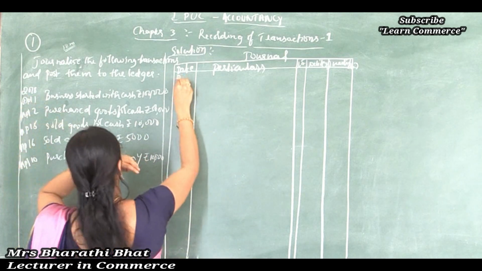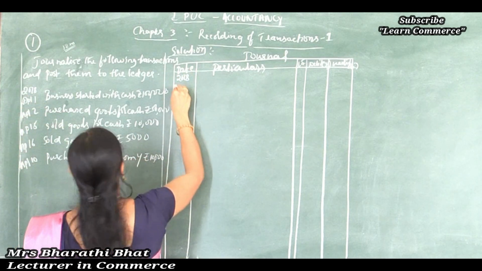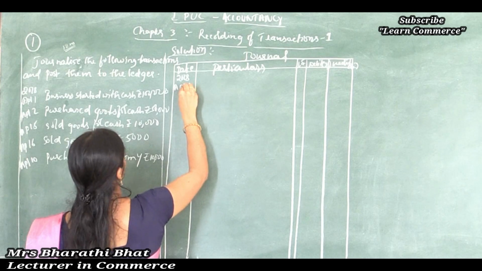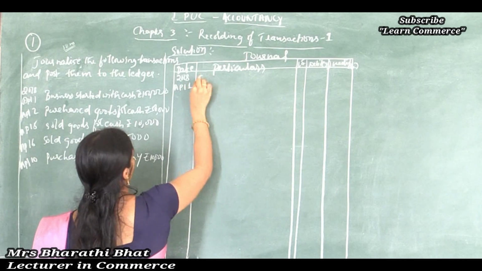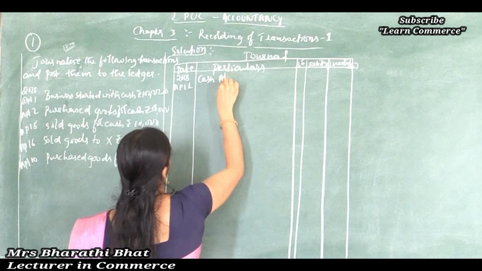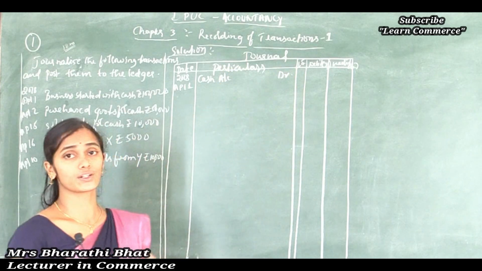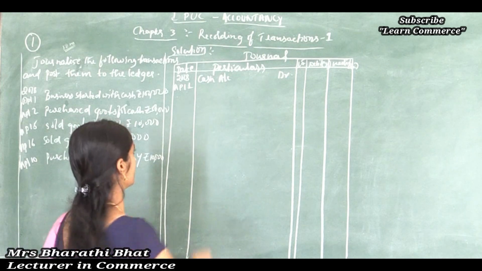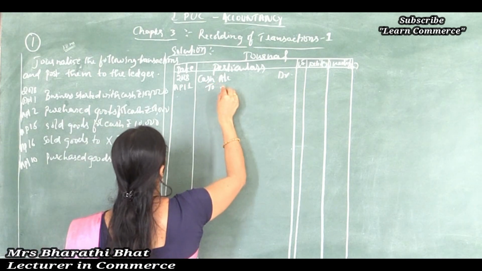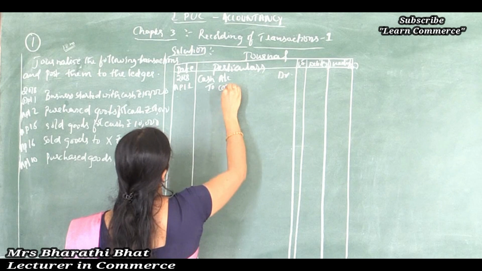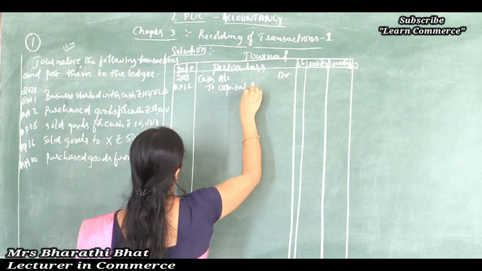First one, 2018 April 1st, cash account debited. Increase in asset is debited, increase in capital is to be credited. According to that rule, cash account debited to capital account.